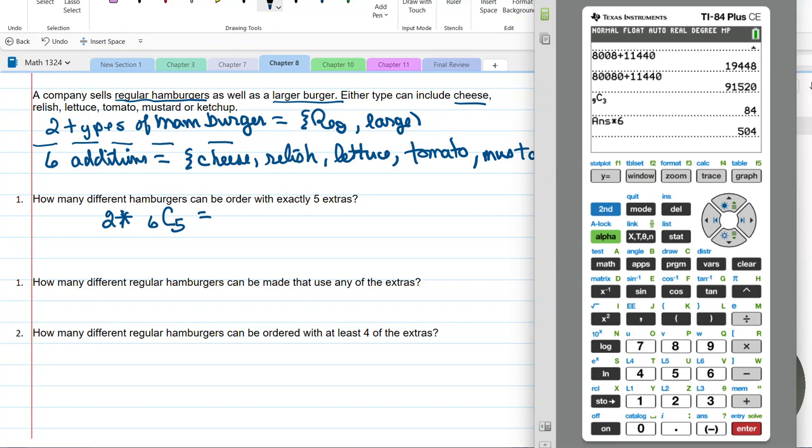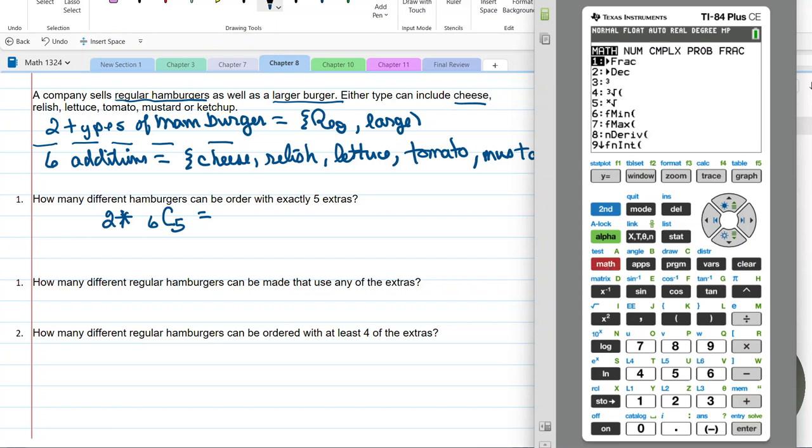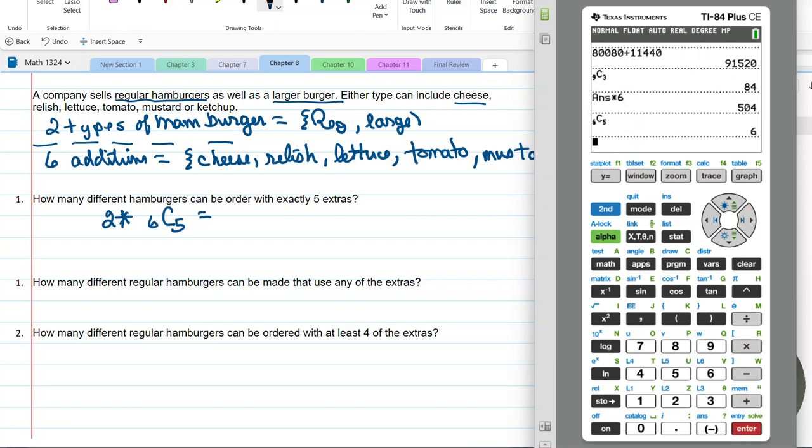So we're going to put 6 math, PROB, number 3, and put 5.